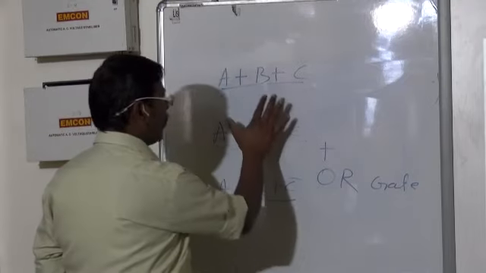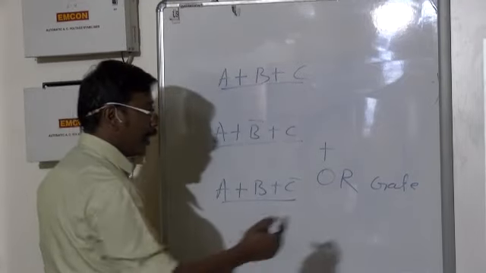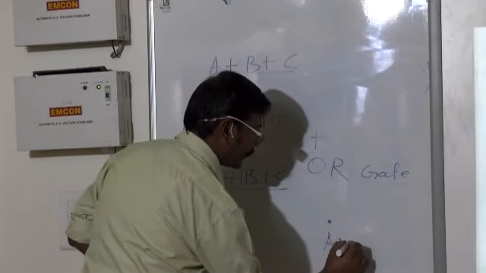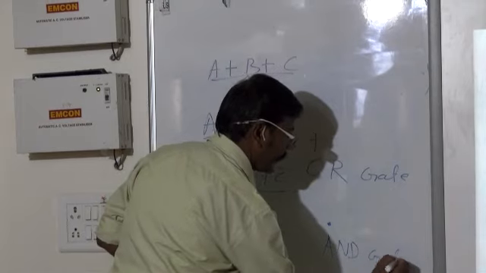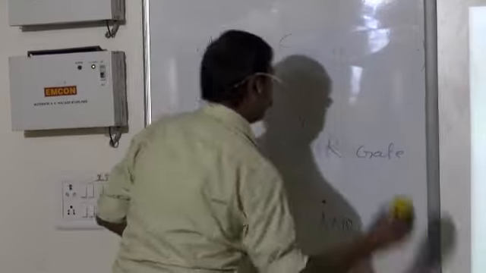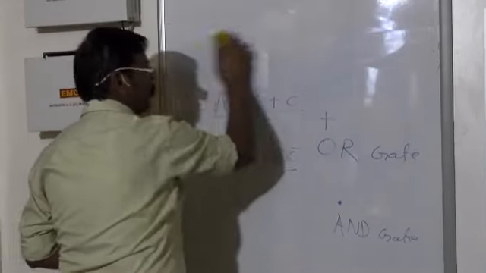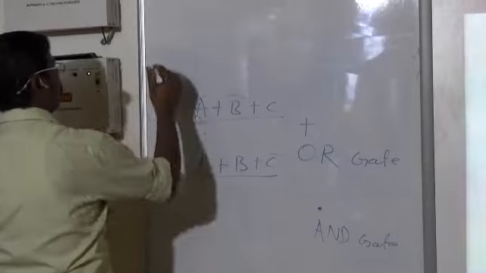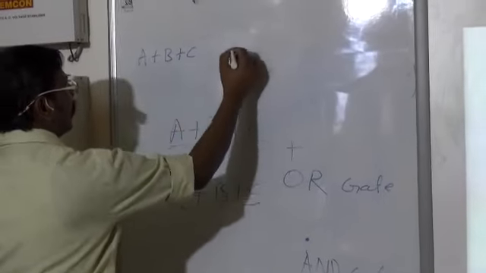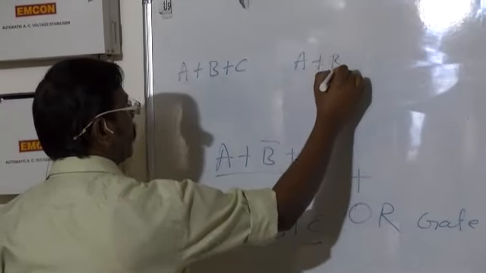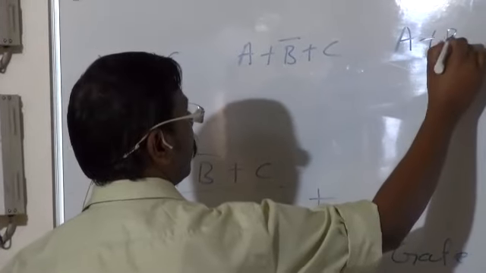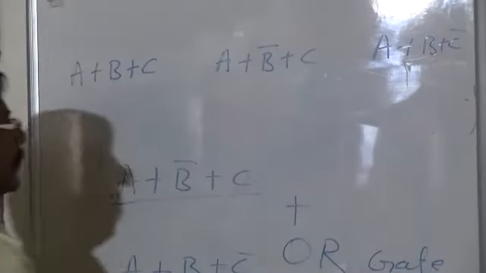Now we need to find the product of this sum. Again, when we speak of product, it means the dot, that means AND. So like the previous one, if we combine this now, we had A plus B plus C, here A plus B complement plus C, and then A plus B plus C complement.